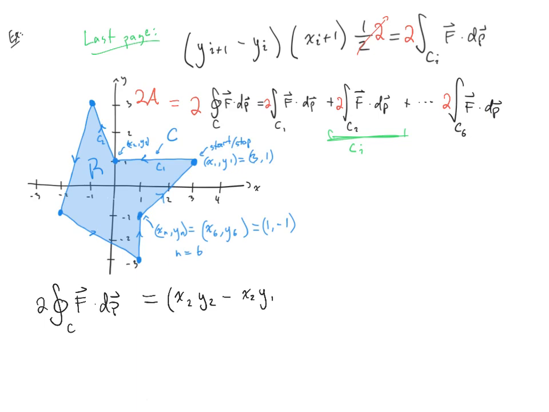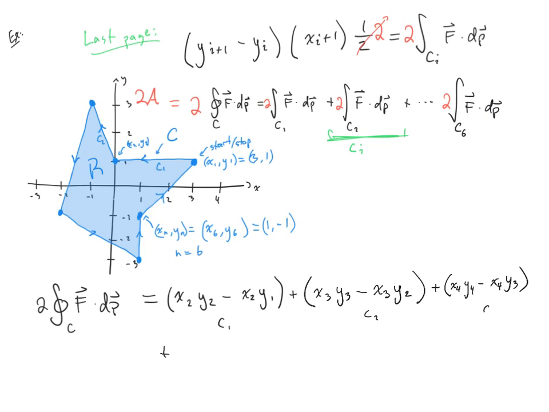So that is my expression for c1. From c2, what I'm getting is x3 y3 minus x3 y2. And then from c3, I get x4 y4 minus x4 y3.